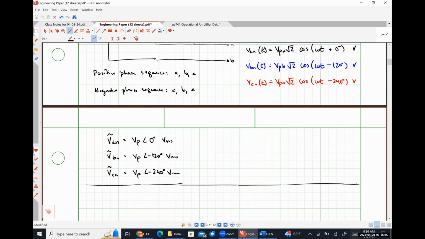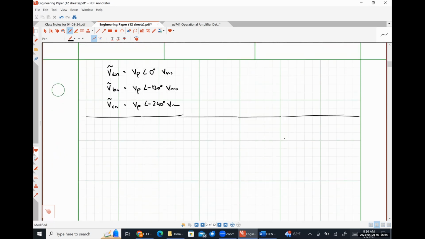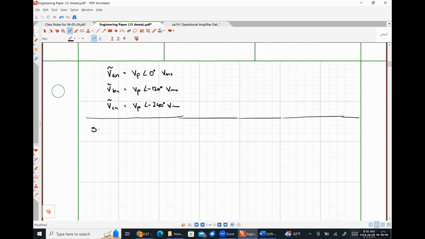We're going to talk about each of those permutations a little bit. So let's call this section source and load configurations. And while we are going through this, we're going to add some definitions in.